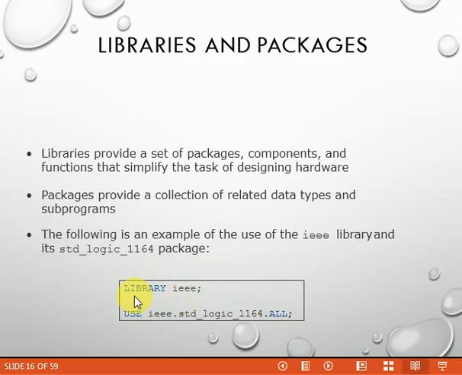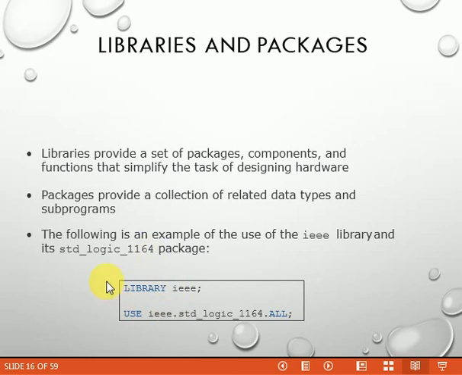So whenever you find a blue color word, that is a keyword, and whenever you find a black color word, it is user defined, that means we have to write it there.